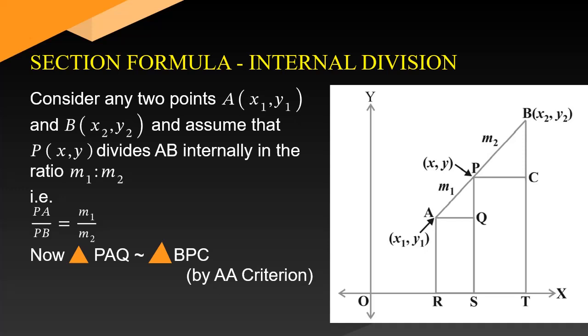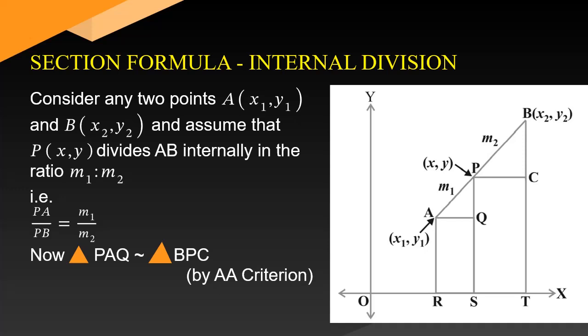In this slide we are discussing the section formula for internal division. As shown in the figure, consider any 2 points A (x1, y1) and B (x2, y2) and assume that P (x, y) divides AB internally in the ratio m1 is to m2. That is, PA upon PB equals m1 upon m2.